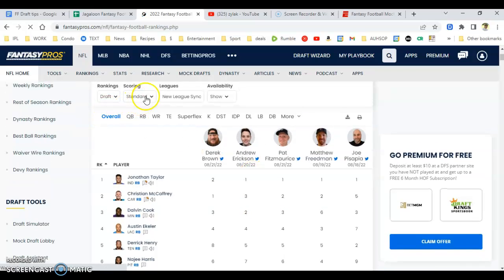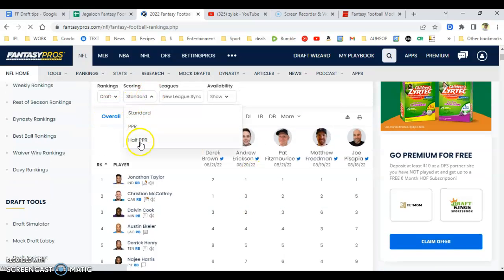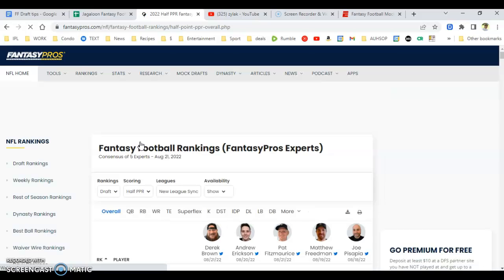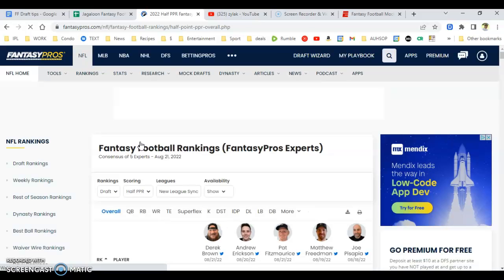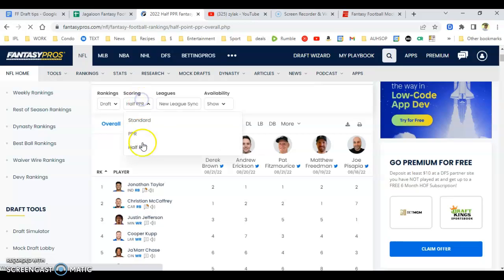You can put in our league as a half PPR league, which means every reception counts for a half of a point. In a PPR league, every reception counts for a full point. And in a standard league, receptions don't count for any points.